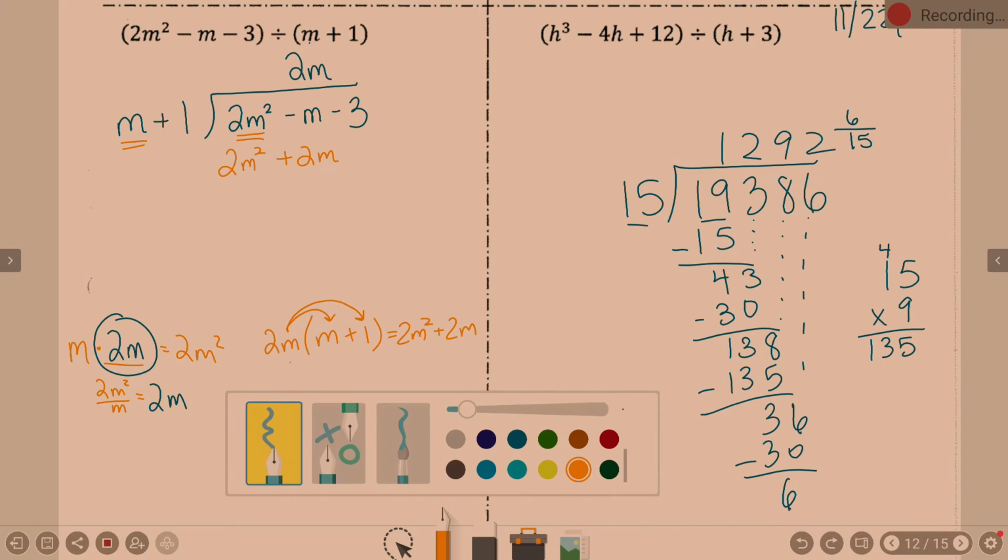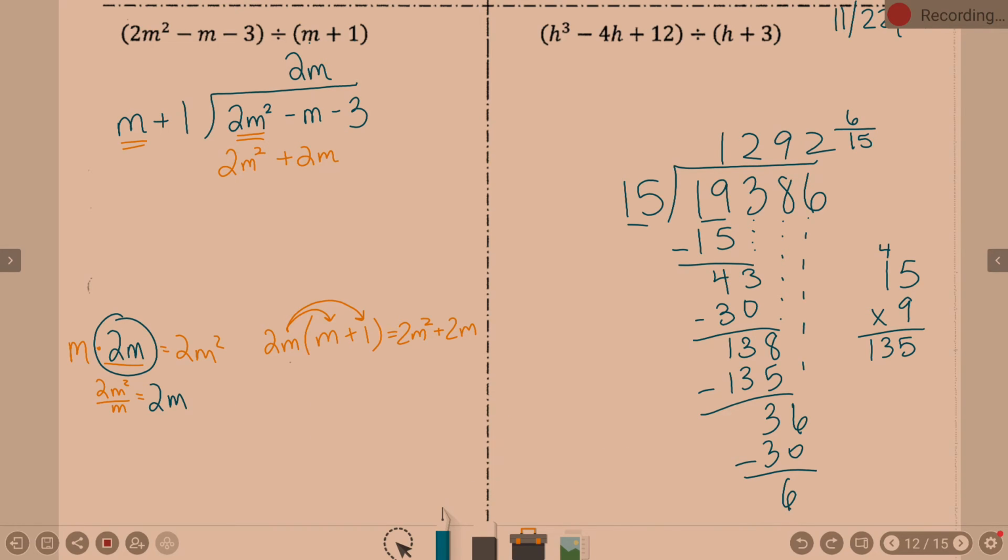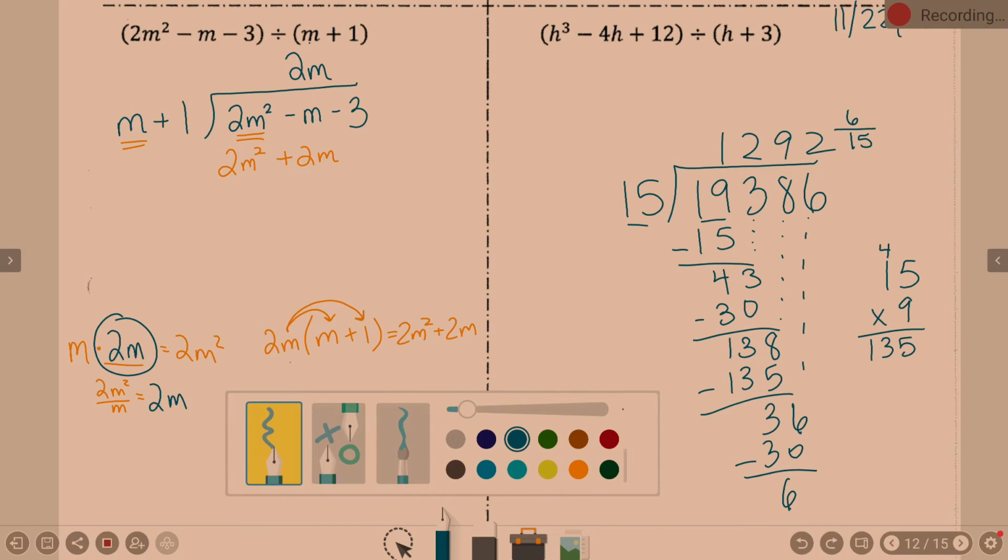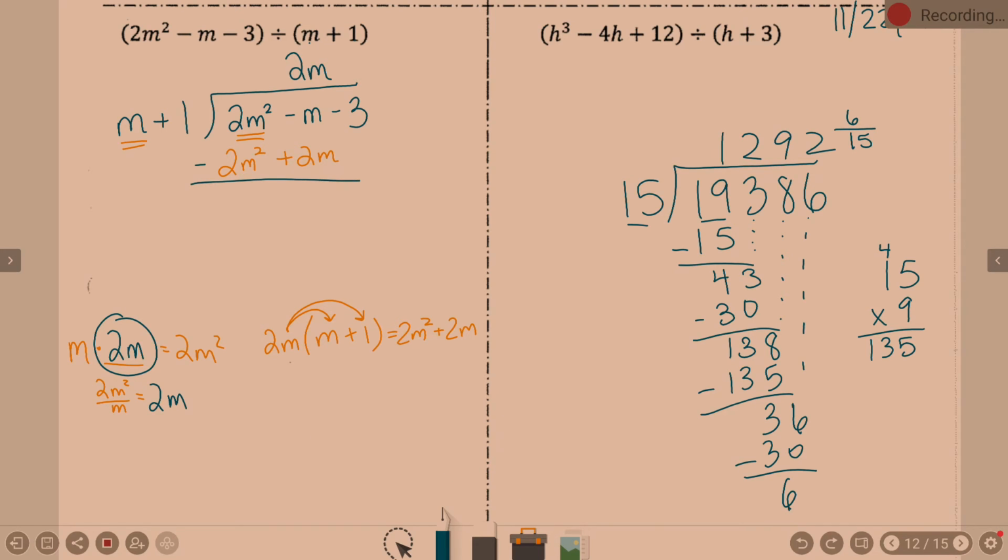After you multiply, what do we do? Subtract. If you've set this up correctly, that first subtraction should always cancel. What is 2m squared minus 2m squared? 0. 0, right? 2 minus 2 is 0. Okay, now be careful. Negative 1m minus 2m.